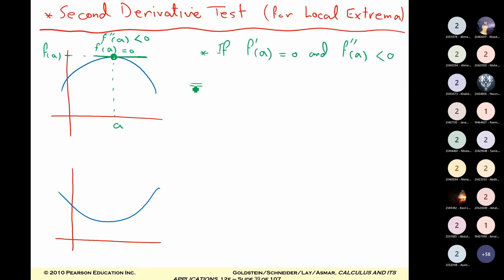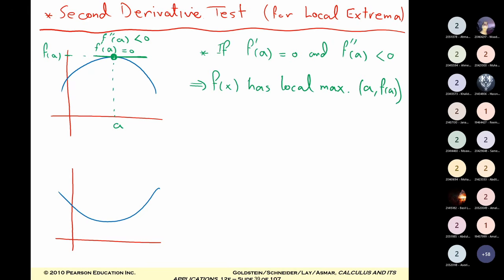So we can conclude f of x has a local maximum at A and f(A). So the stationary point has f prime of A equals 0 and f double prime of A negative, less than 0. So at this point we have a local maximum.